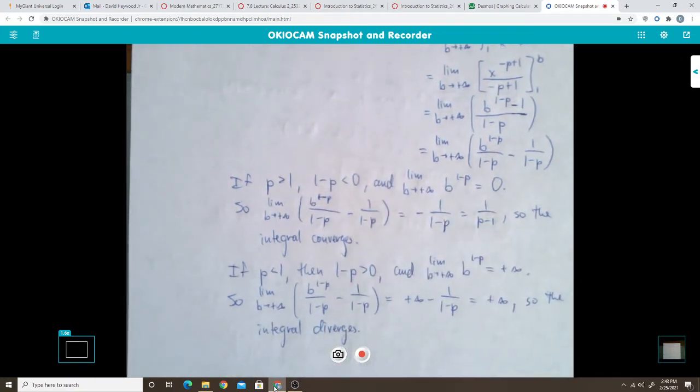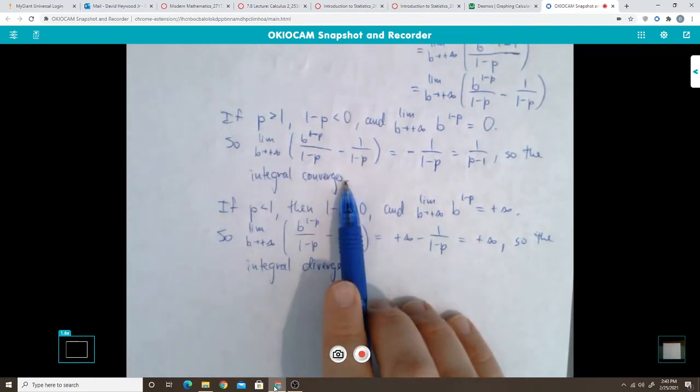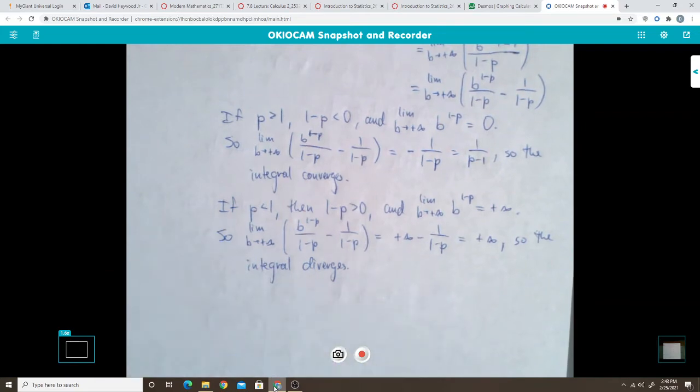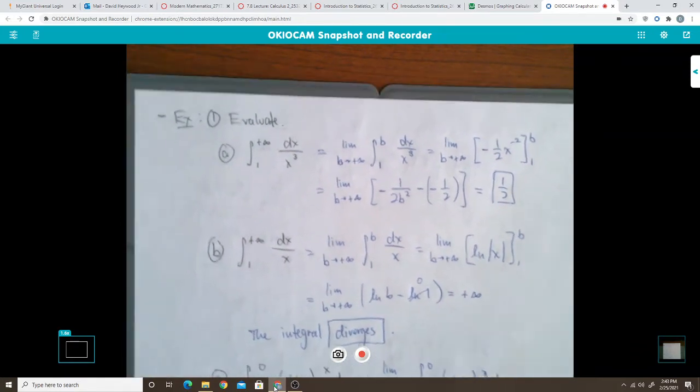Okay, and so there you have it, right? If p is greater than 1, the integral converges. If p is less than 1, then the integral diverges. If p equals 1, as we saw in example 1 part b, the integral also diverges.